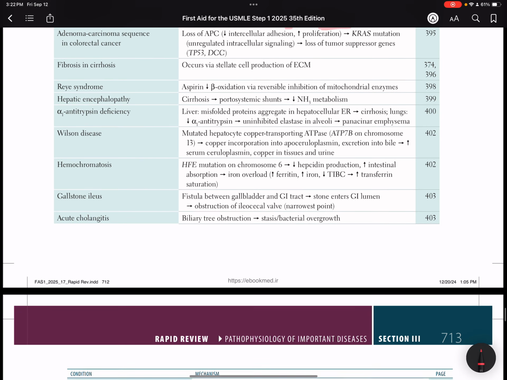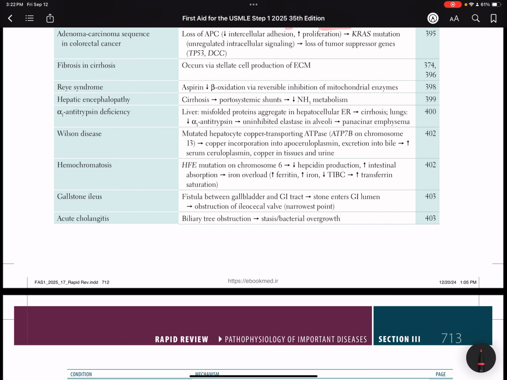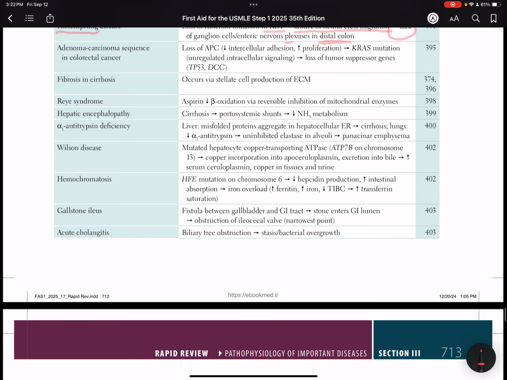Next condition is adenoma carcinoma sequence in colorectal cancer. Adenoma carcinoma sequence in colorectal cancer is because of loss of APC, decreased intracellular adhesion, increased proliferation.